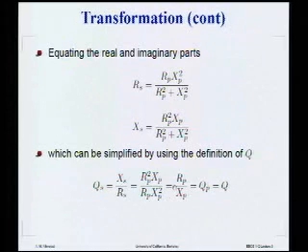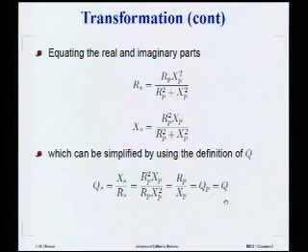In other words, I end up getting just Rp over Xp, which is the way I specify the quality factor for something with a shunt resistor, right? A shunt RLC circuit. And so we can see that no matter how I put it in series or put it in shunt, just as you would expect, the quality factor shouldn't change because this is a mathematical transformation.